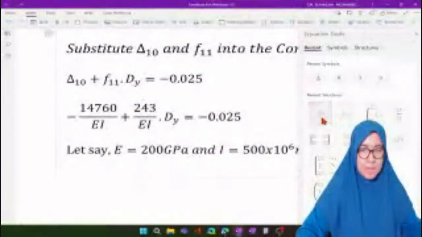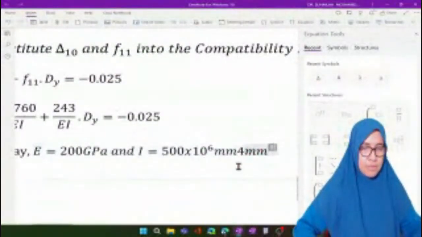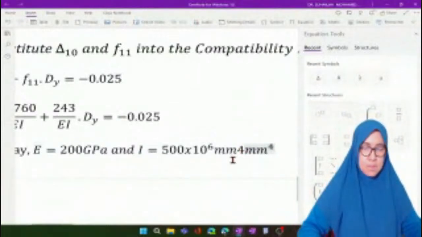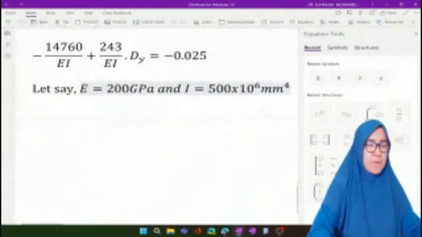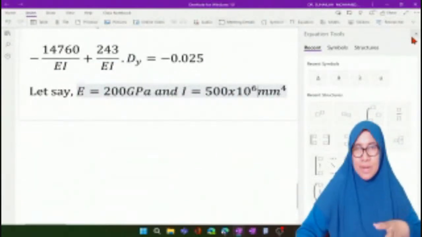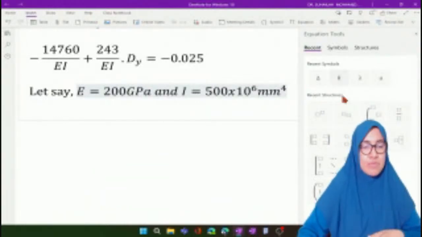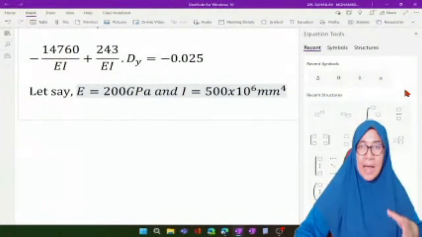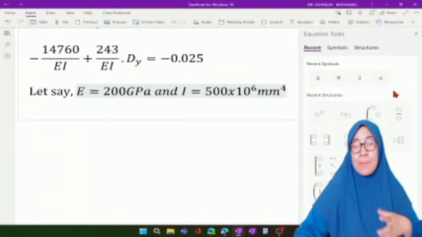We need to check the unit first, because we have to use kilopascal, not gigapascal, and we have to use I in meter 4, not mm4.